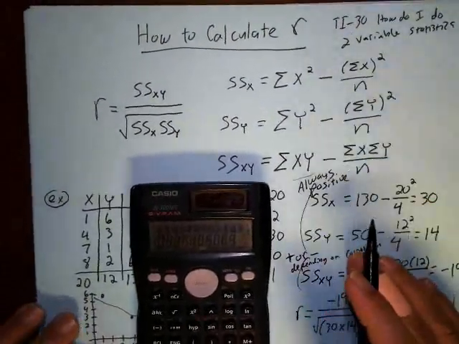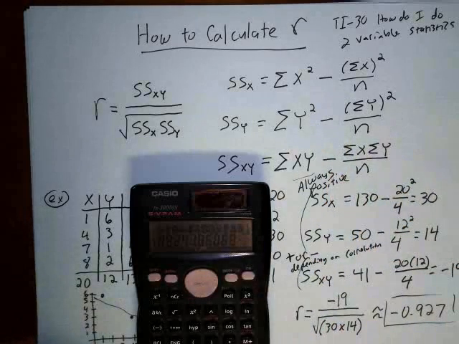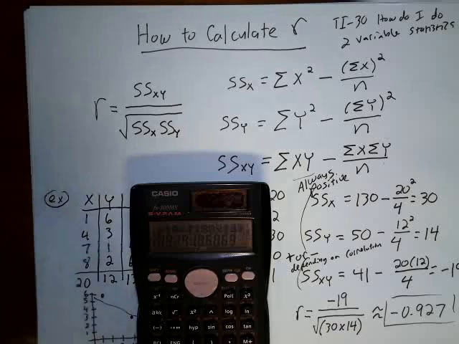It'll show you how to put in the data, and then you can get these sums on the calculator, just like you do for standard deviation, one variable stat. And in fact, you could probably almost figure it out because you have to select one variable stat, and then there's two variable stat.